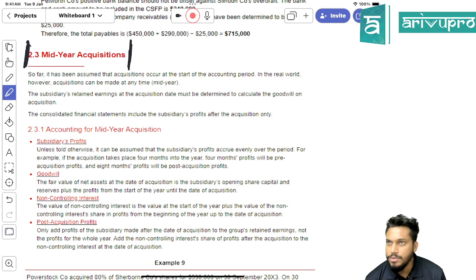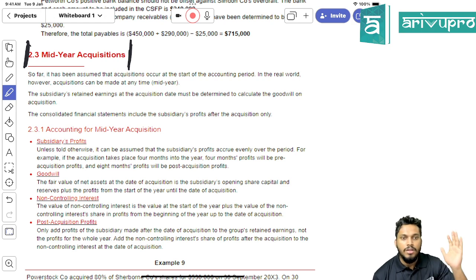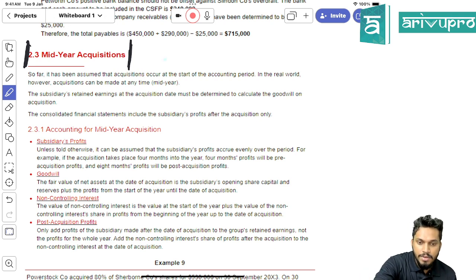So now we are going to see what happens if you invest in a subsidiary halfway. For instance, let's assume this is our financial period, and let's take easy months from January to December.